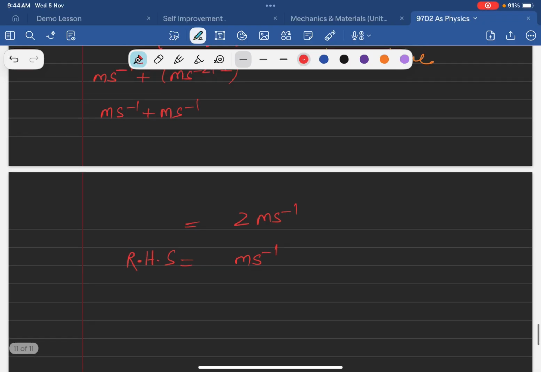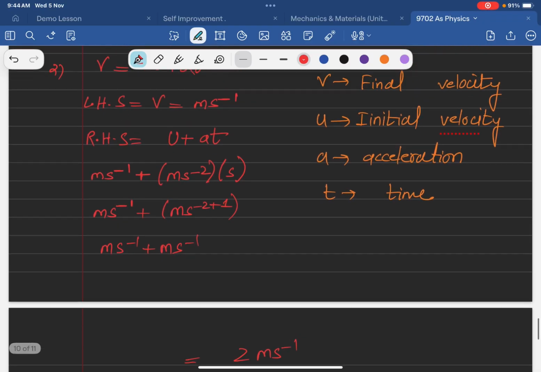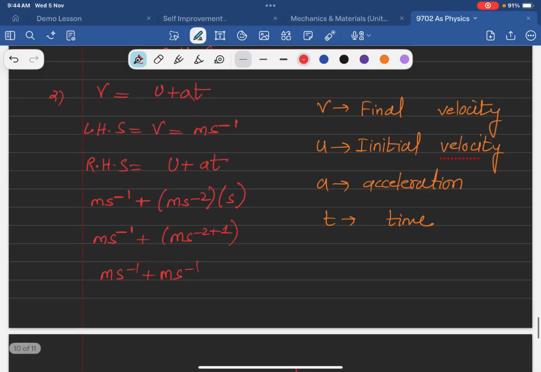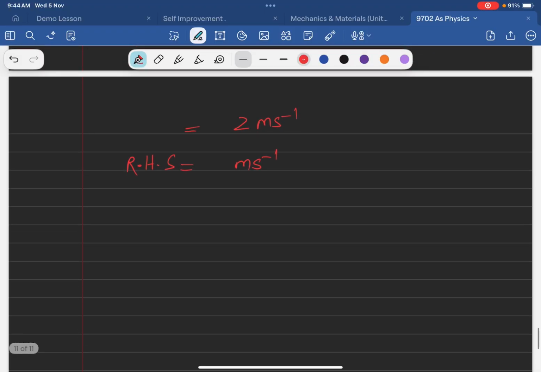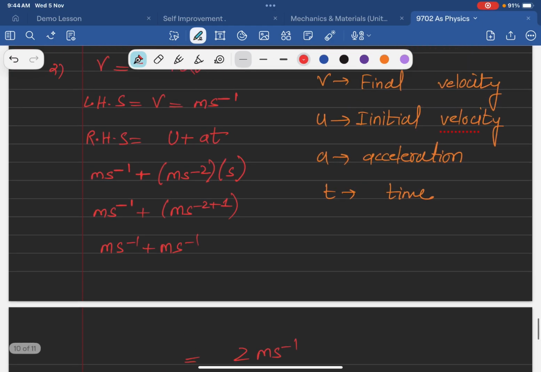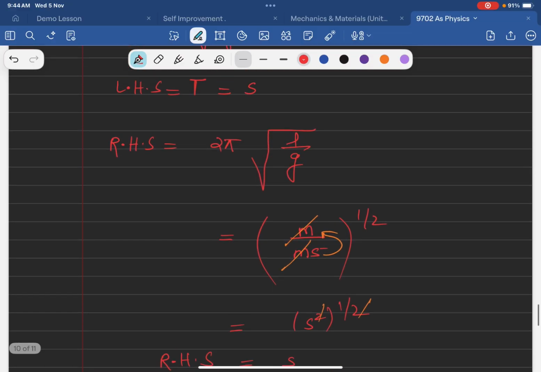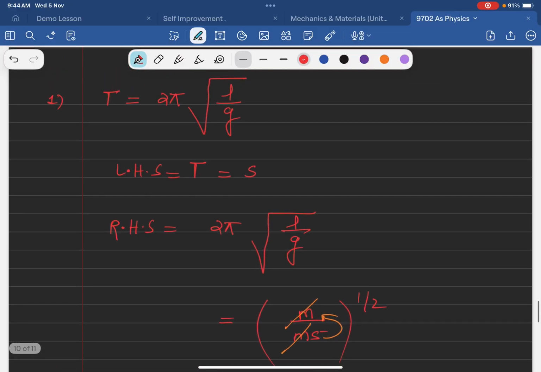So you can see that on the left hand side we have meter second inverse. On the right hand side we also have meter second inverse. It means the second equation that we are doing is also homogeneous, or it is dimensionally consistent. This equation is correct. So that's how we are going to check the homogeneity of equation.